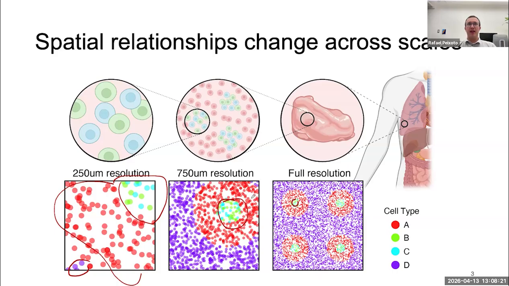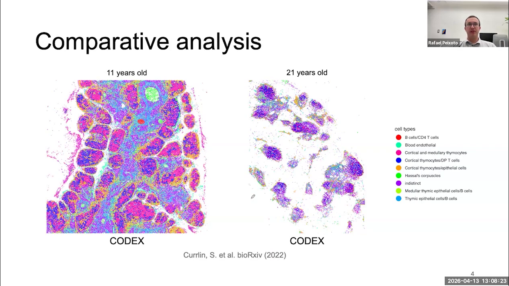And the third thing that I wanted to motivate is that it is important to understand the tissue by itself, looking into the tissue, seeing which cell types are together, co-localized, or separated. But it's also important to perform a comparative analysis. So here we are looking at the human thymus, both assayed by CODEX, so proteomics.